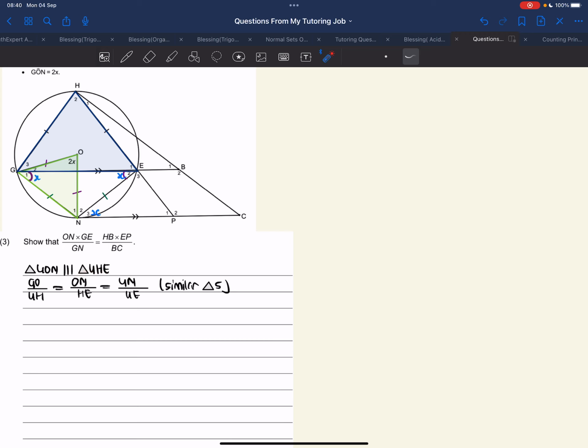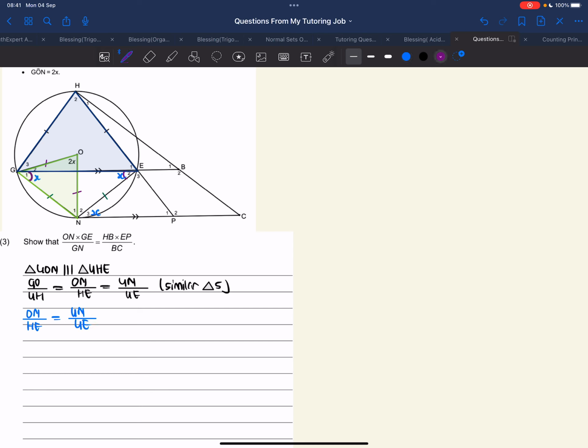There's another thing we need to do to involve HB and BC, which I will show you along the steps. For this ratio we need this one, not that one. So I'm going to take that ratio: ON over HE is equal to GN over GE.